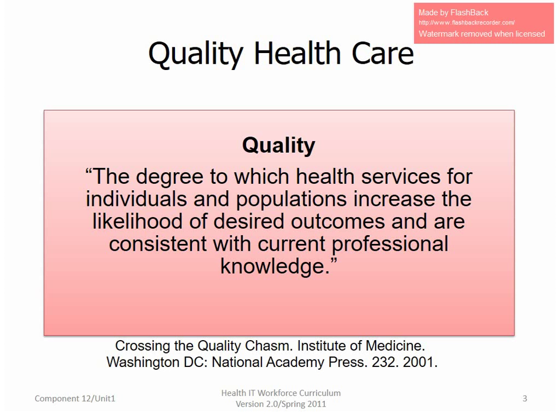So, quality is the degree to which health services for individuals and populations increase the likelihood of desired outcomes, consistent with current professional knowledge. So, best practices. The Institutes of Medicine are looking at the best practice, standardizing that care so everyone gets the same type of care and the same quality of care.